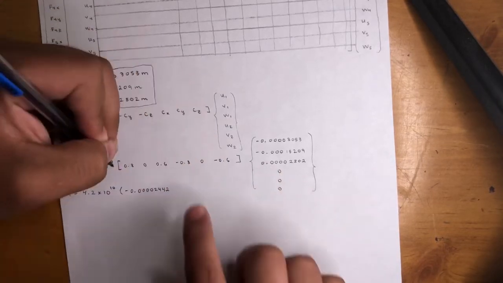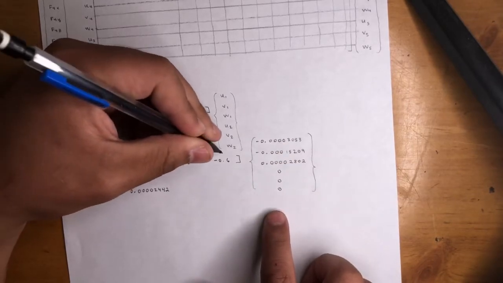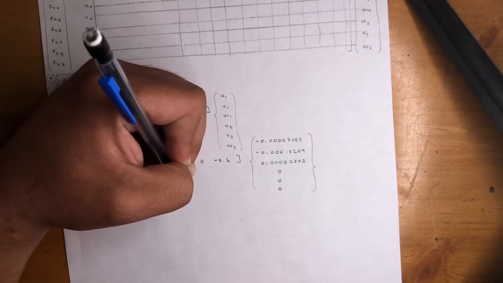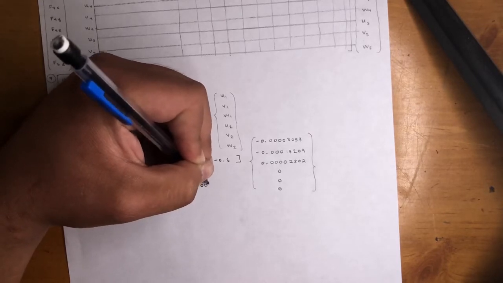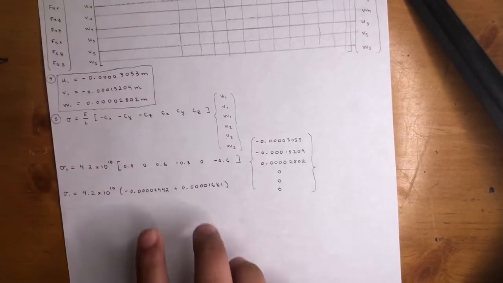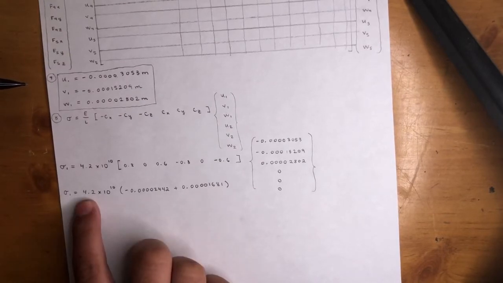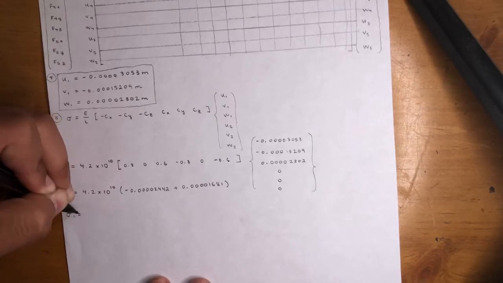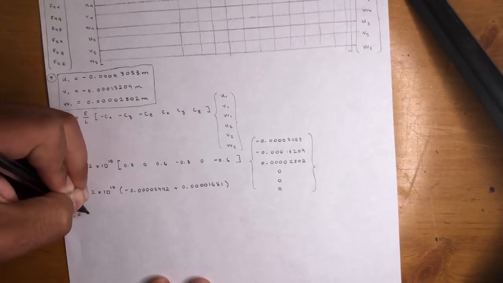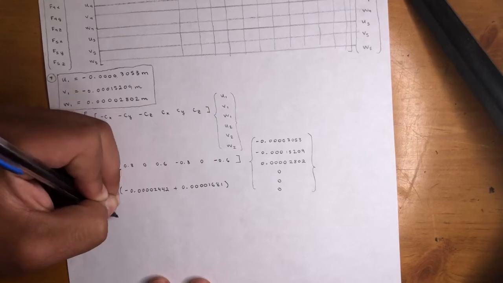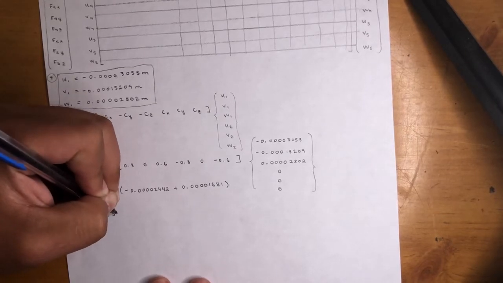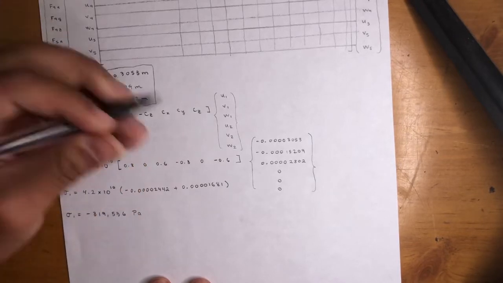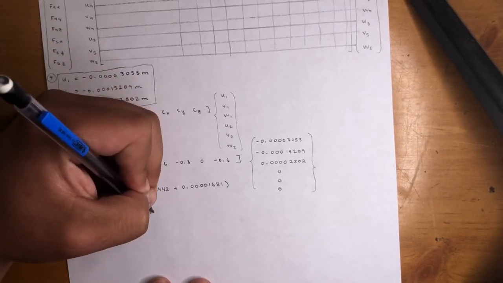Okay, and then plus, what number is that? 0.1234161. Add these two numbers, multiply by 4.2, then multiply that times 10 to the 10. You will get sigma 1 is equal to negative 319,536 pascals, or Newton per meter squared, same thing. And that is in compression.